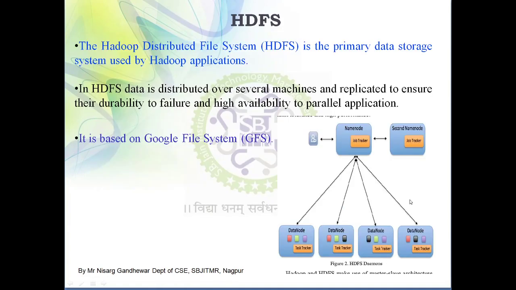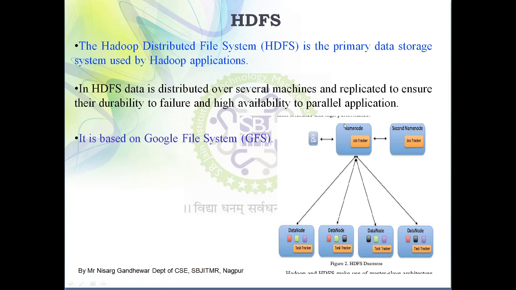Now we will discuss the architecture in order to understand how HDFS actually works. In the Hadoop framework, in the distributed file system, there are three types of nodes. One is the name node, the second is the secondary name node, and the third is the data node.